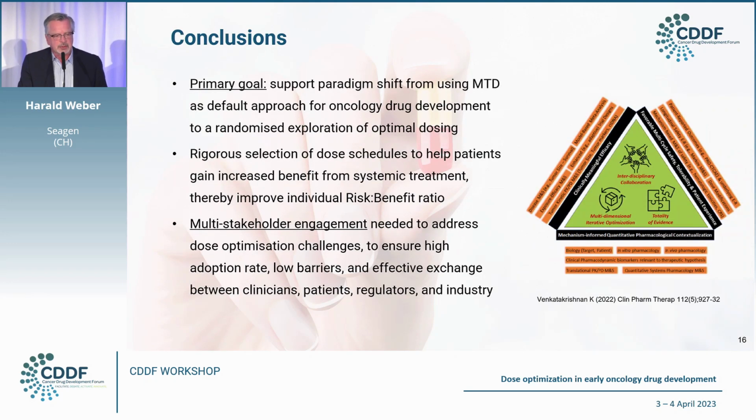So in conclusion, I think the primary goal remains, as discussed by other speakers before, to support the paradigm shift, moving away from MTD and to use an approach that allows us to define optimal doses earlier in our clinical development strategies, and to do this by rigorously selecting dosing schedules that also help patients gain increased benefit from systemic treatment and improve the individual risk-benefit ratio.